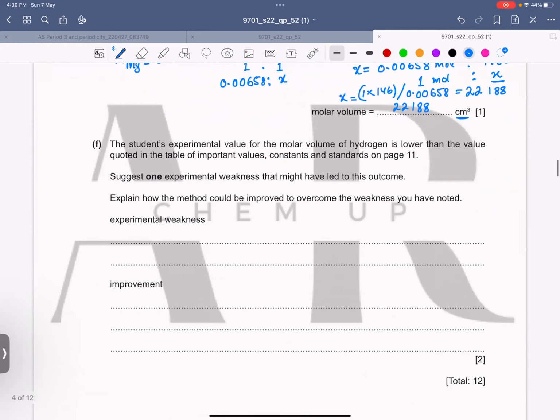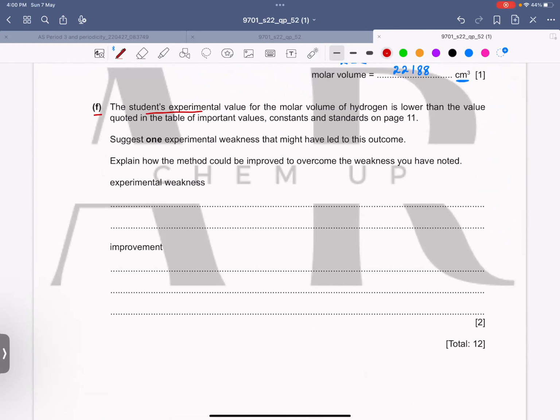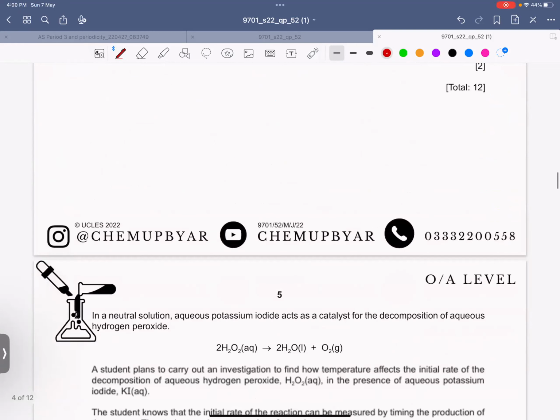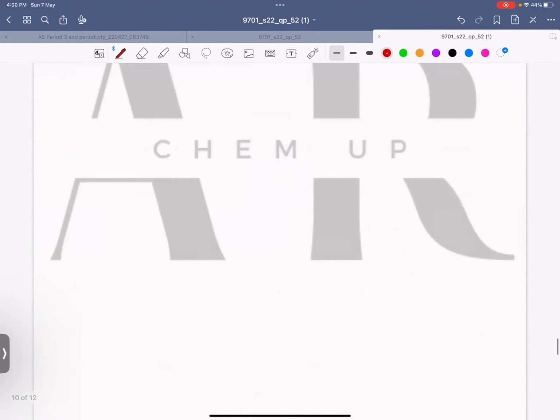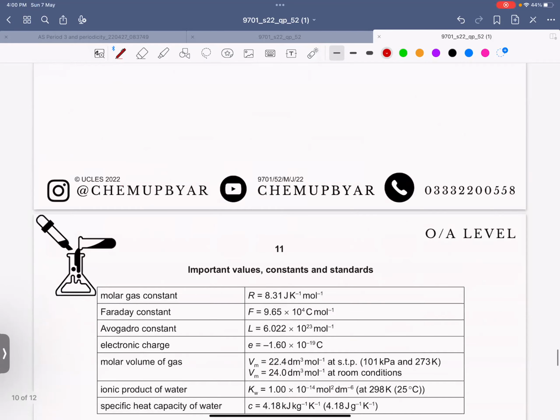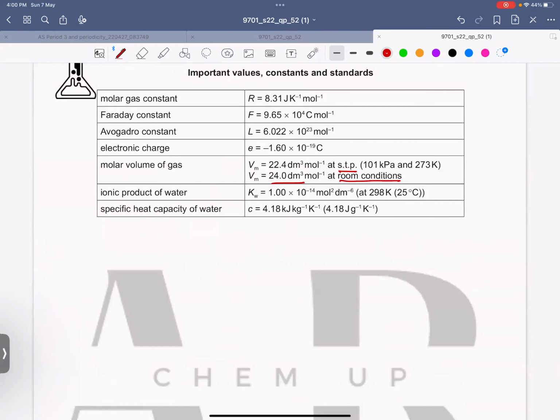Now, F part. The student's experimental value for the molar volume of hydrogen is lower than the value quoted in the table of important constants at standards on page number 11. If you see over there, you will find that it is 24 dm cube, right? So at room conditions, it's 24 dm cube, and at STP it is 22.4.